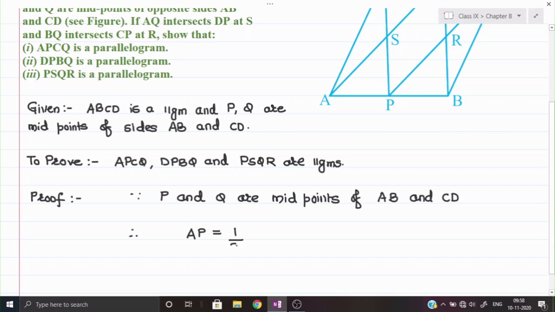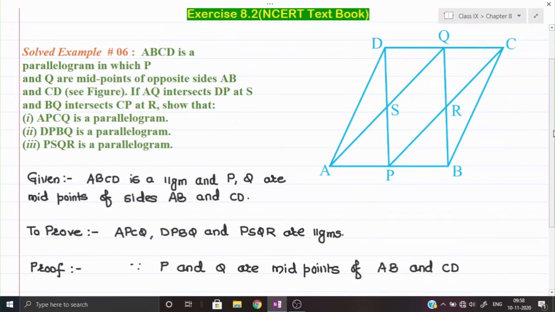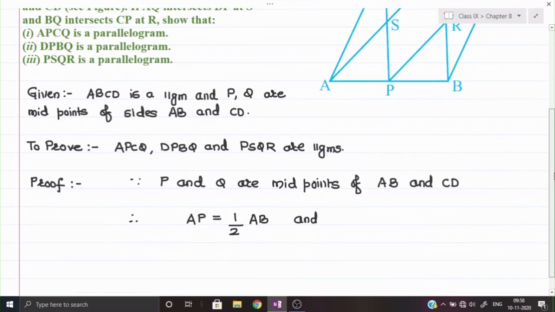You can see in the figure, AP is one of the parts of AB. Look at the figure: AP and PB are the two parts of AB, so one part definitely will be half of the whole. Similarly, observe CQ and DQ are also the two parts of CD, so we can say that CQ will also be half of CD. So here we can write down the second one, CQ will be half of CD.